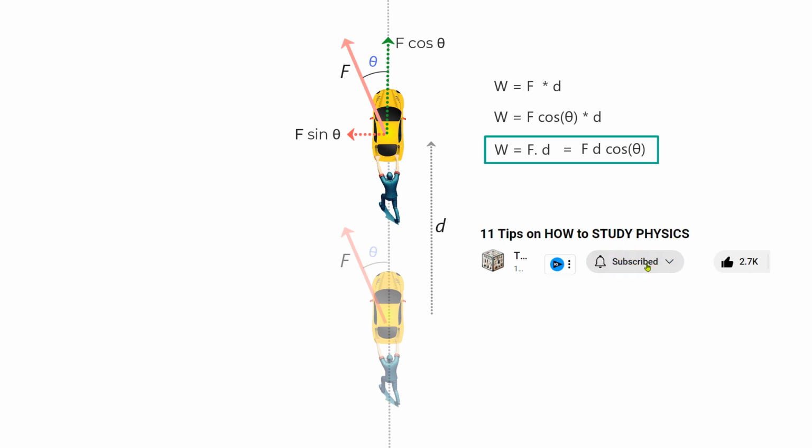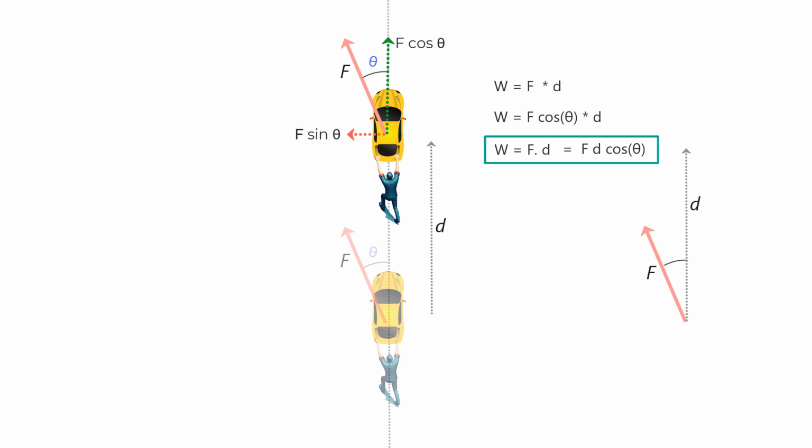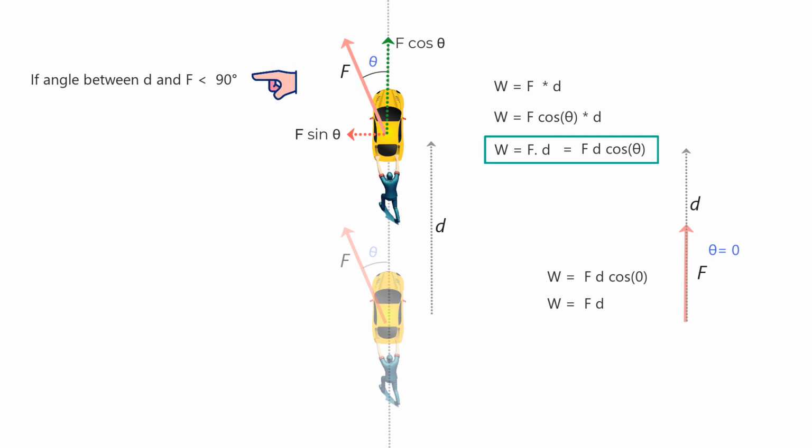Okay, getting back, you can see in this equation, if the force acts parallel to displacement, angle theta becomes 0, and what you get is W is equal to FD cos 0, which equals F into D. Also, you can see that as long as the angle between the displacement and the force is less than 90 degrees, the work done is positive, simply because this quantity or cos theta will be positive for all angles between 0 and 90 degrees.